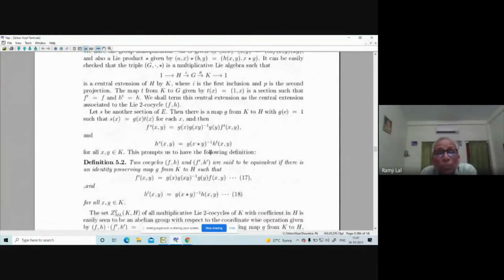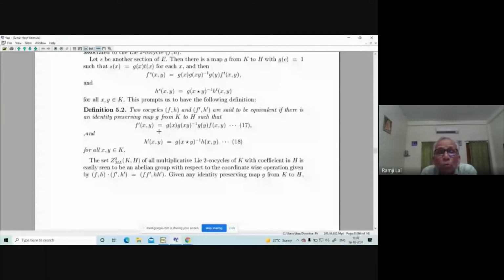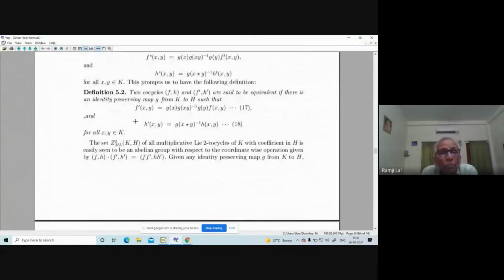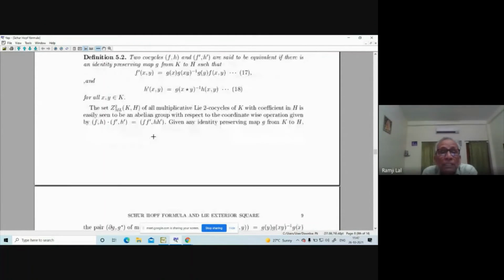This prompts us to have the equivalence between the 2 cocycles, multiplicative cocycles of the multiplicative Lie algebra. If you look into the set Z2(K,H) of all multiplicative 2 cocycles here, then it becomes an abelian group with respect to this product, which is as in the usual case. And (H, H dash) also satisfies all those defining conditions, which can be easily observed.